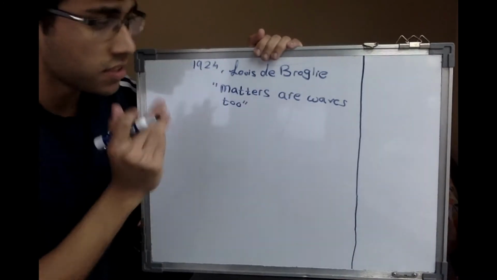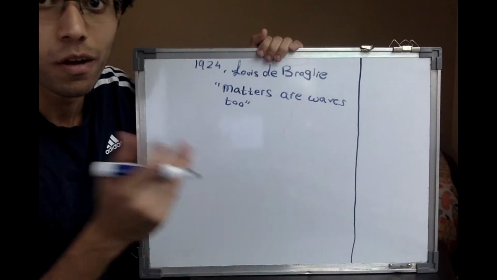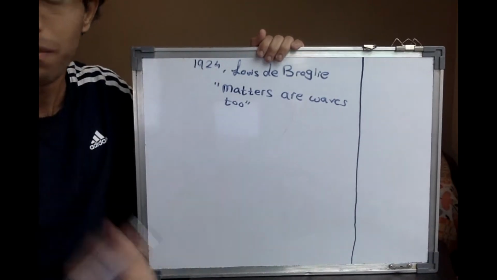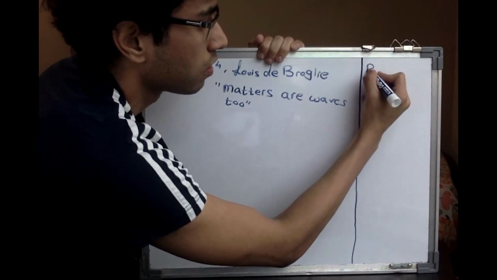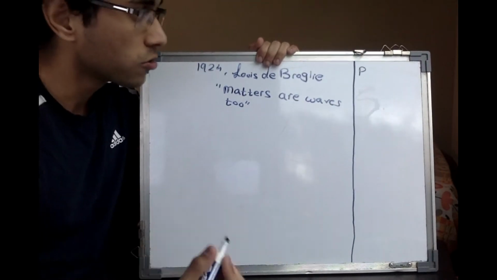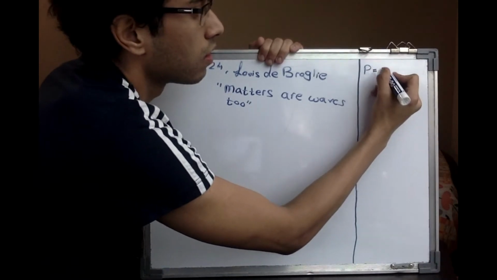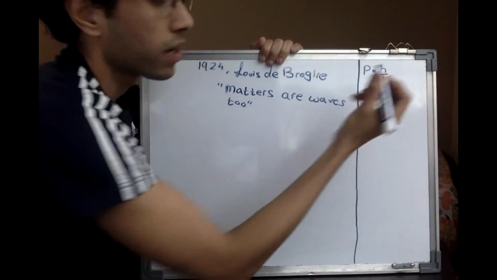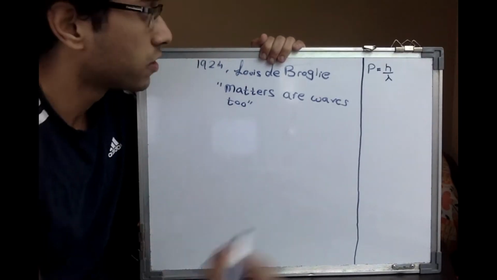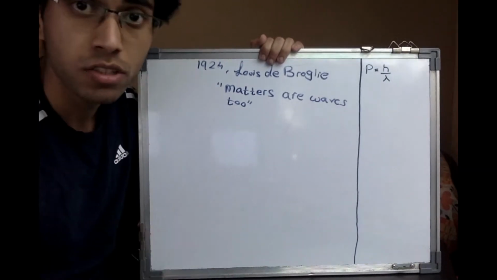And now, let's use his conclusions to go further with the momentum operator. Remember, p, which is the momentum, can also be given by h over lambda. But I can write h as h bar, which is h over 2 pi.